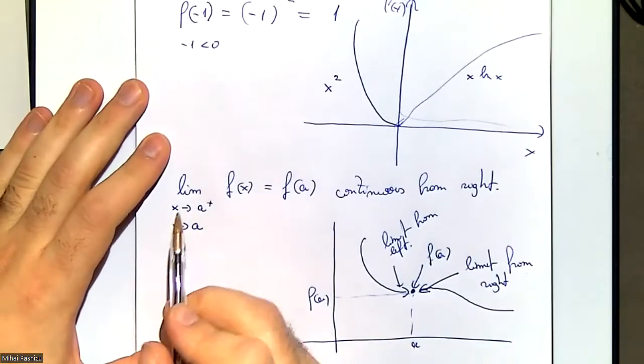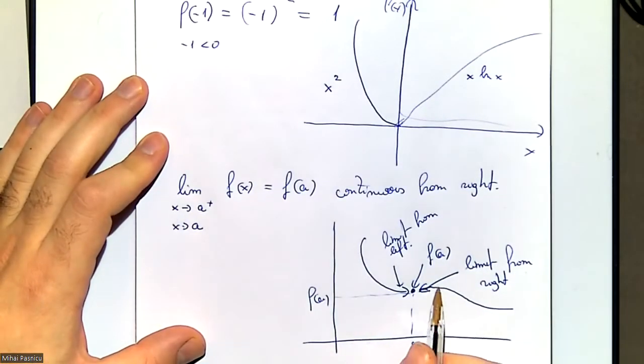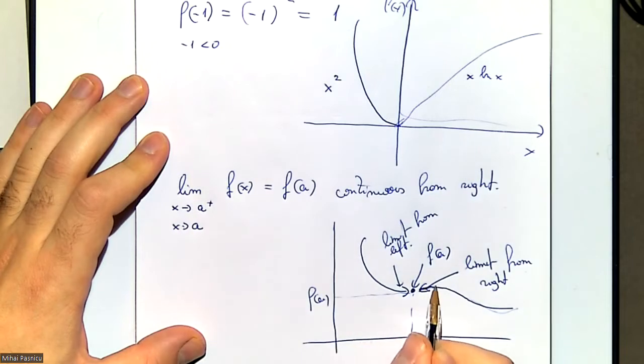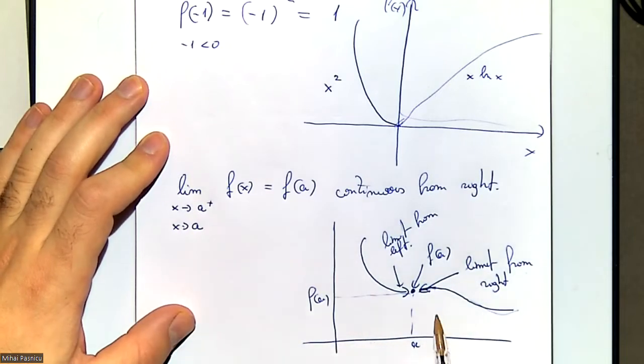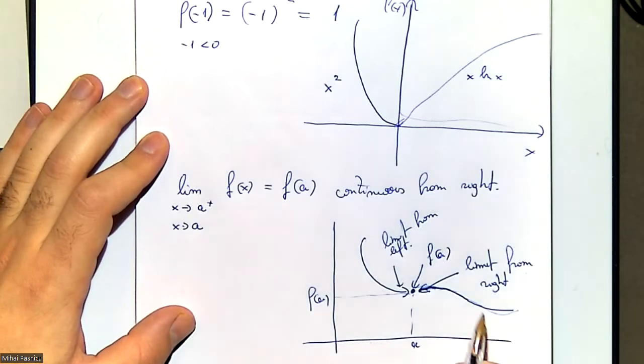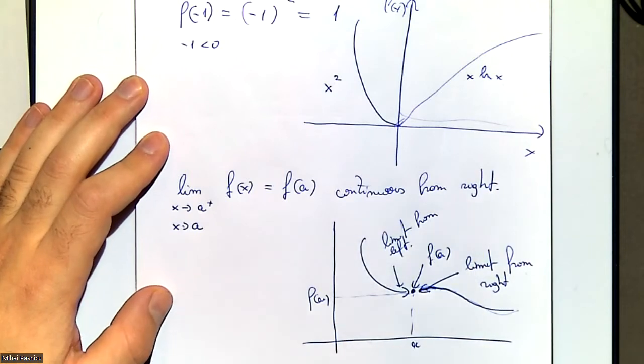So again, let's interpret what I said here. Limit of f of x, so this function, for as x goes to a, so I'm going to a here, with x greater than a. So I'm coming from the right-hand side. Okay, these values are greater. If this limit is equal to f of a, it is continuous from the right-hand side.